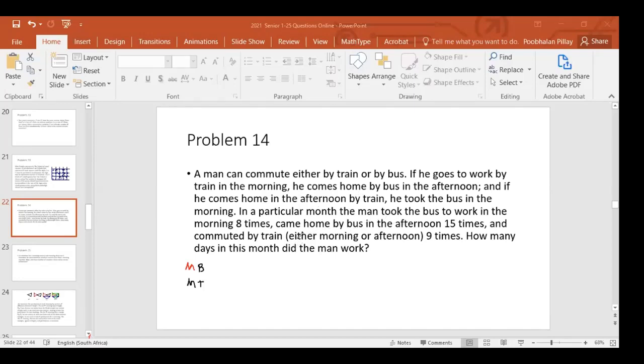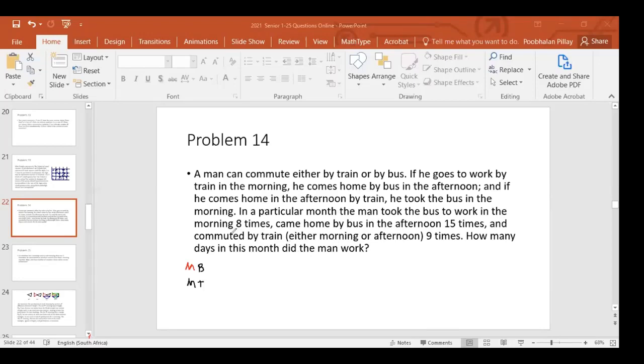So in a particular month, he took the bus to work in the morning 8 times and came back by bus in the afternoon 15 times. Okay, so what does that mean? That suggests that he worked for 23 days.